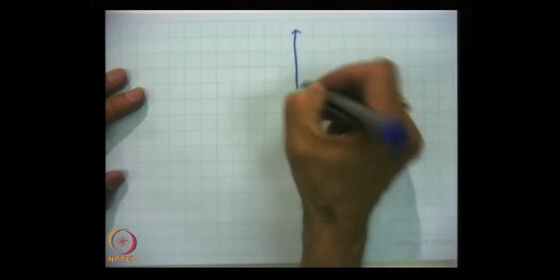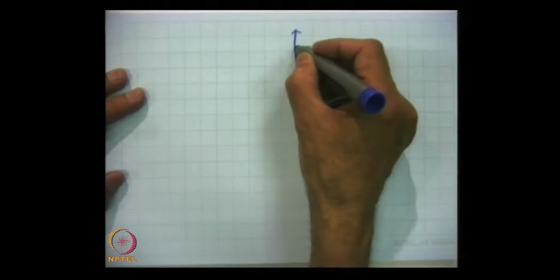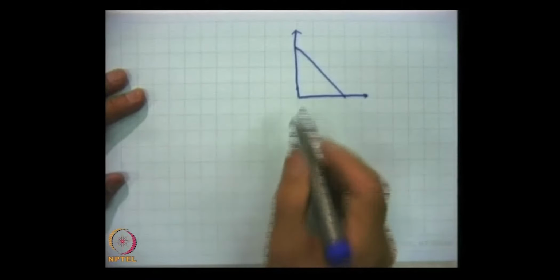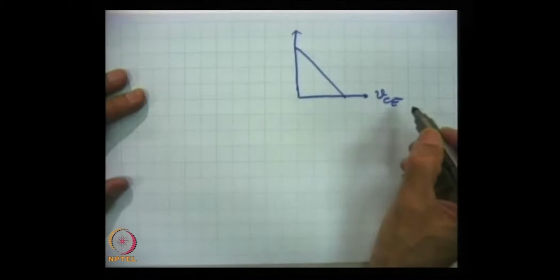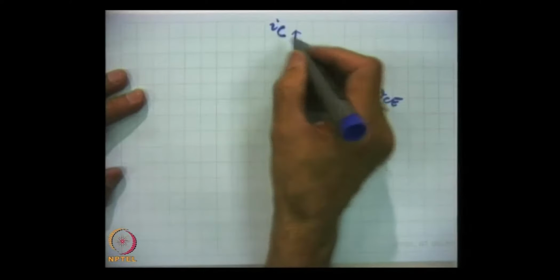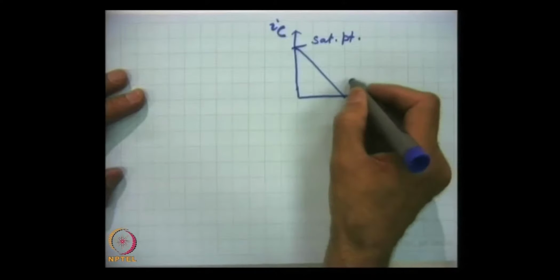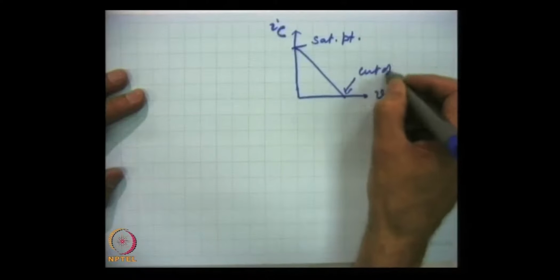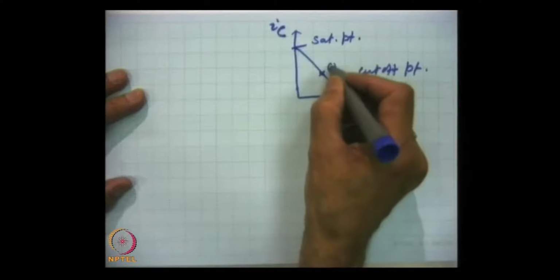So the active region has been slightly extended because of these approximations, and what we get is this here: this is VCE and this is IC. This is the saturation point, this is the cutoff point, and this is the Q point.